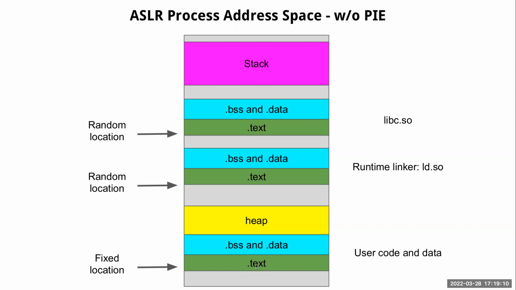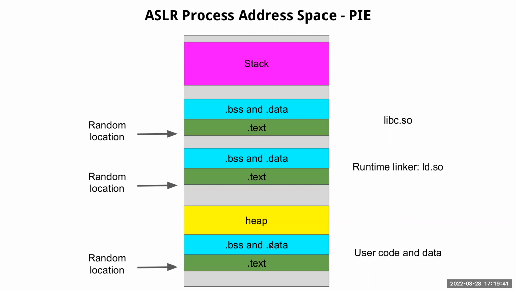If we load it to other places, it cannot run. However, the libraries have been compiled as PIE, so they can be loaded to different places. That's why libc and the runtime linker are loaded into different locations every time you run the same process, and also differ between two different processes. But the user-developed code and data are still at the same location.